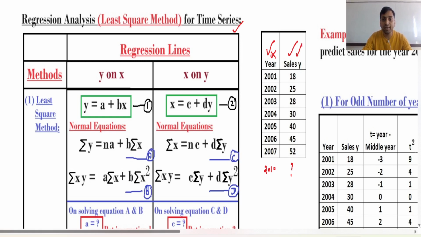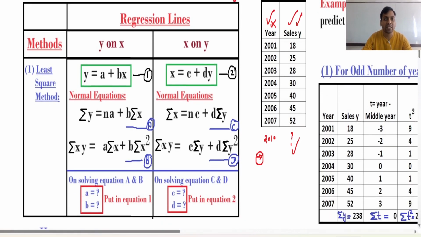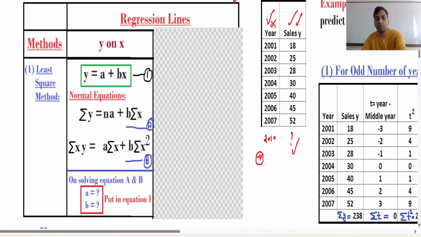We can consider only y on x because you can find only y, but you cannot identify time, because time is not considered as dependent. So we will study first only y on x concept. So I am removing this x on y part because there is no utility of x on y.